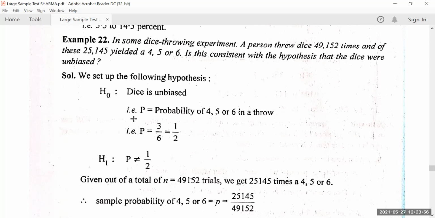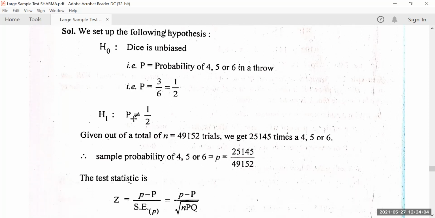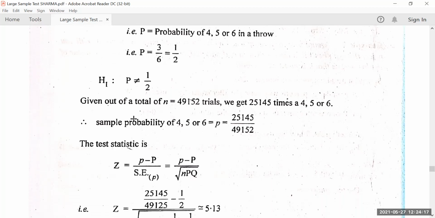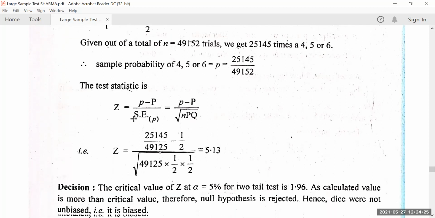The probability of success here we will find from the probability of 4, 5, 6 in a single throw. So the probability of success is the number of times 4, 5 and 6 came out of the total trials, so we will divide. We will not find it in decimals. Now you will apply the test statistic formula.